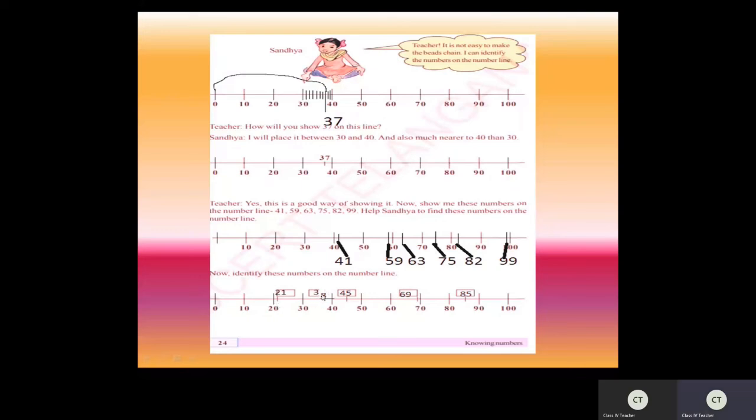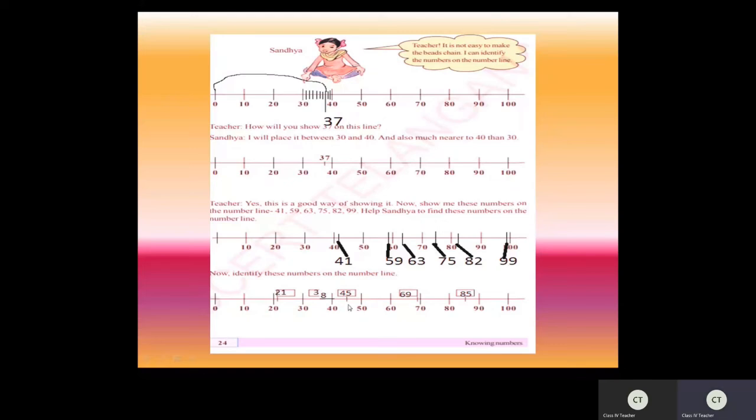Then 38. Here the marking is there, 38. Wherever it stops, that is 38. Then 45. What is this representation? 45 lies in between 40 and 50. You can see that it is at equal distance. That is why it is 45.